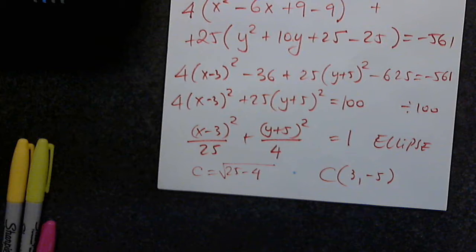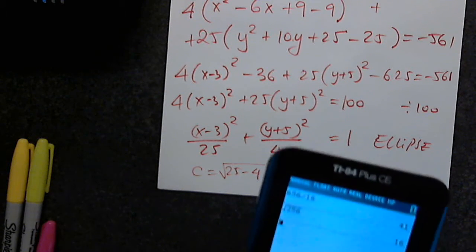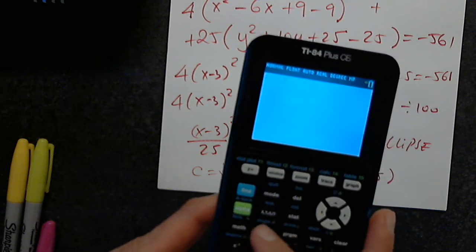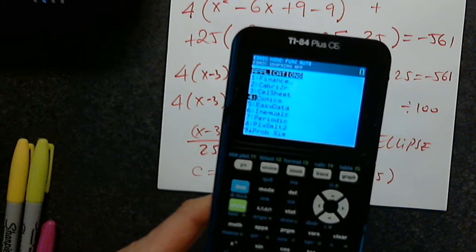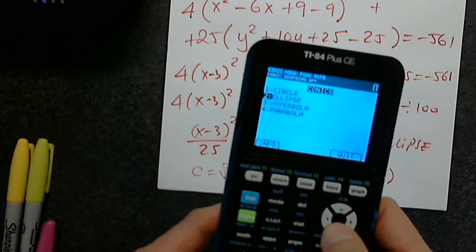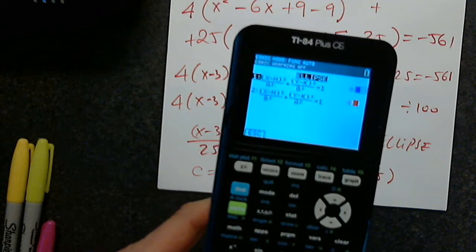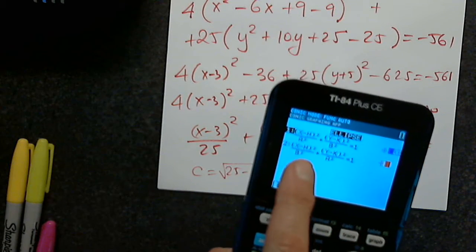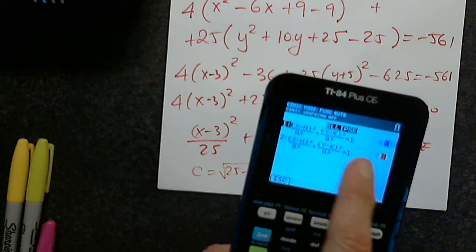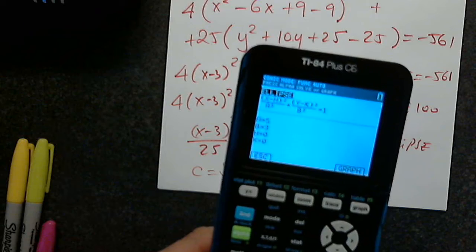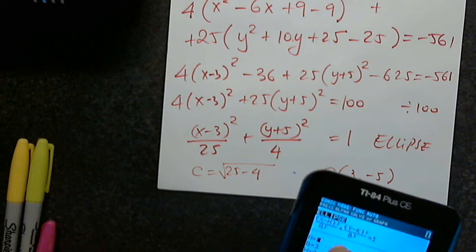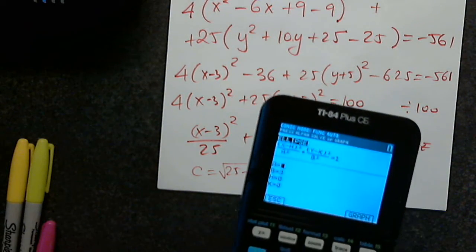Okay, and let's graph now with the apps. Yep, the conics. We know it's an ellipse, and we know it's going to be on the x-axis, right? So I'm using A, and then A is 5.